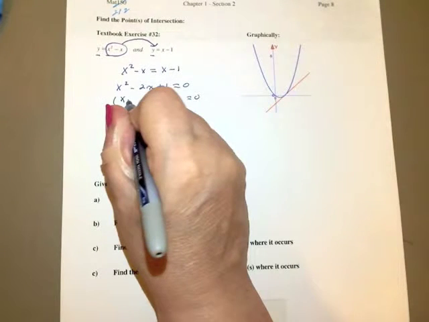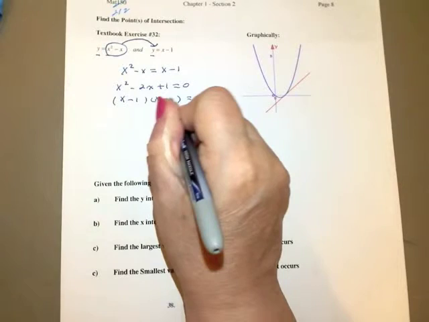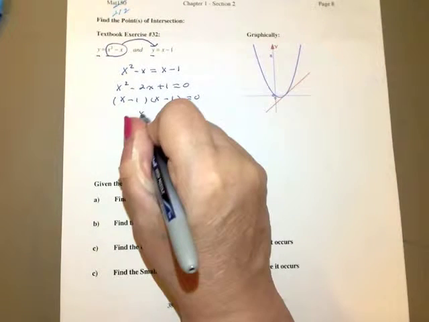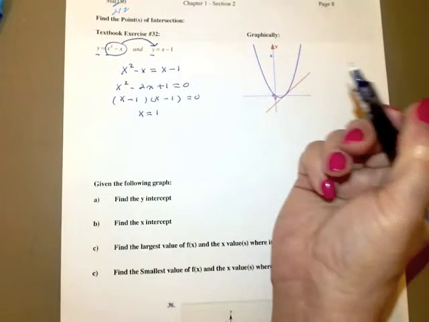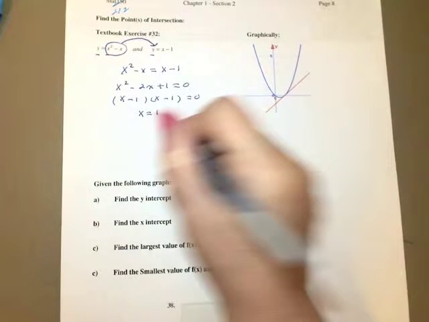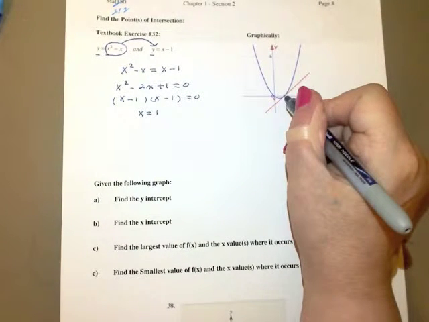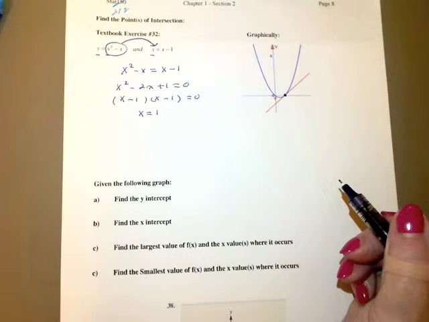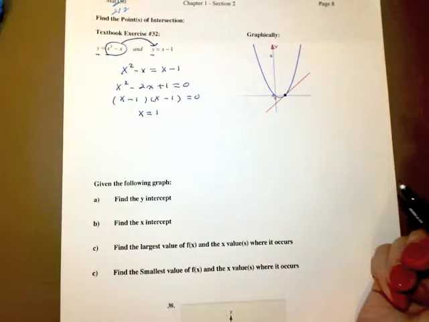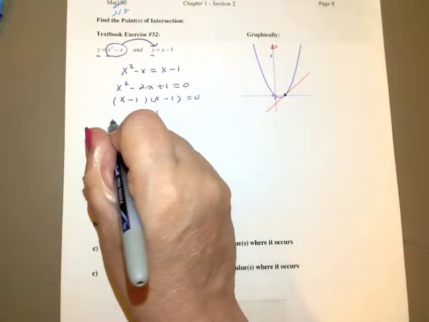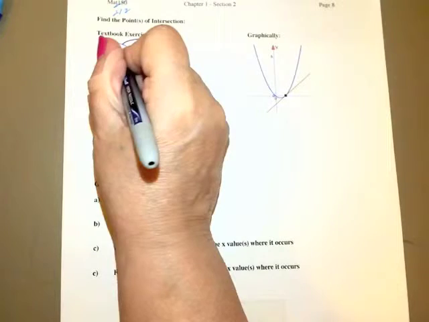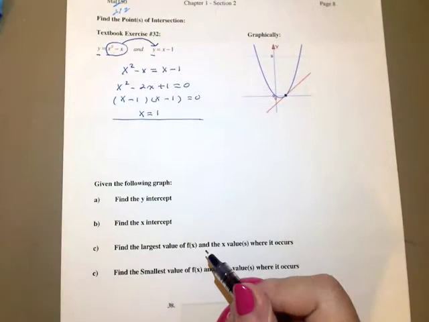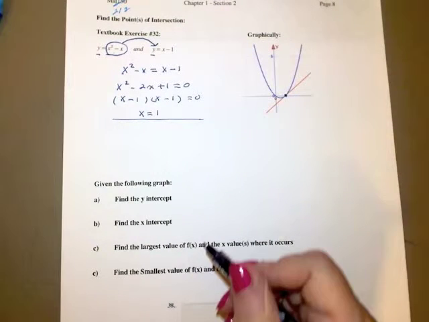And this factors into x minus 1 times x minus 1, or x is 1. So indeed, that x value of 1, I'm looking at this point right here. It's only one place, and it looks like the y value is 0. Don't know, but I can put it in. If I know that x equals 1, pick either one of these, doesn't matter because they share that coordinate point.